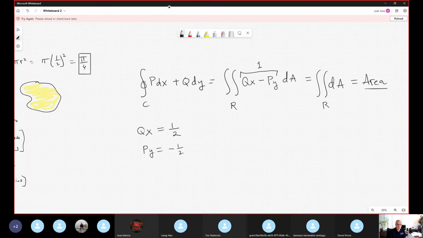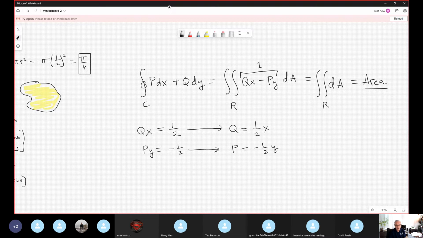And then you apply the antiderivative because I want to find Q, which is 1/2 x, and here P is negative 1/2 y. It's similar to the anti-gradient: you apply the antiderivative with respect to x and the antiderivative with respect to y, and we come back to the formula. You see that 1/2 is a common factor.